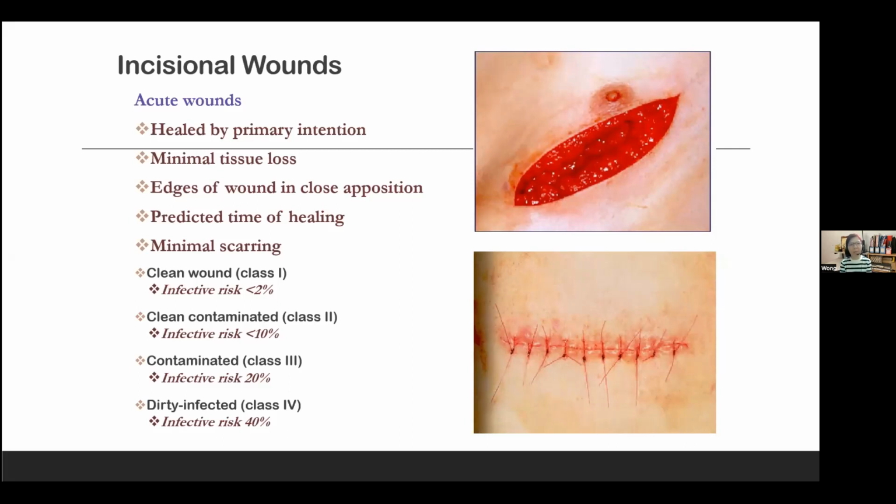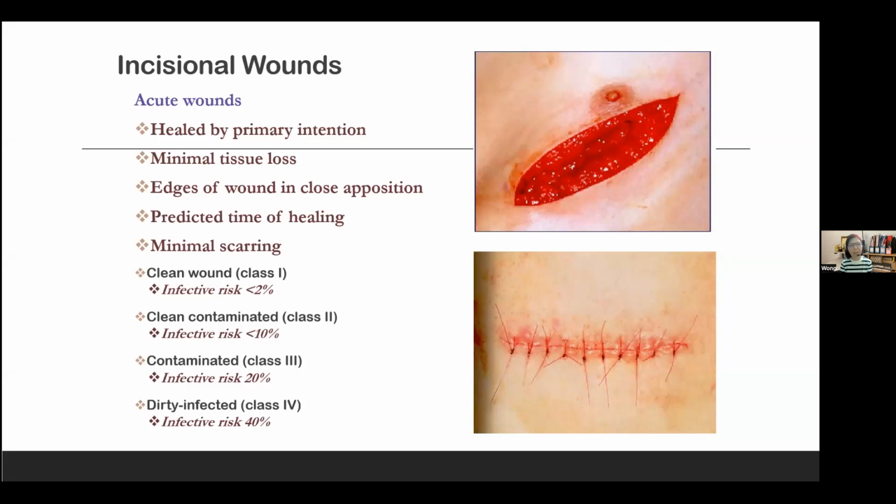Although it has a predictable time of healing, at times the wound also has some problems crop up, like infection. So I just briefly talk about the infection risk over here. For clean wound, for example those operated for thyroidectomy, the infection risk is less than 2%.